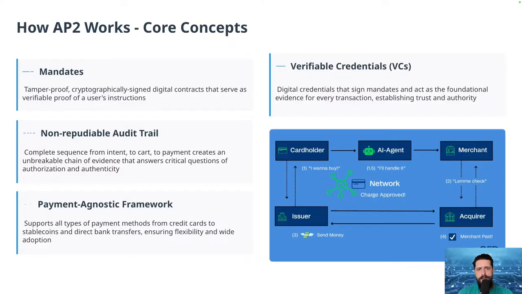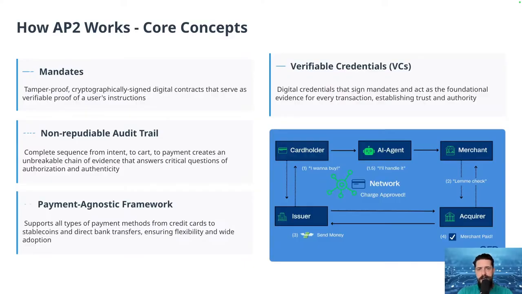So, how does AP2 actually build this trust? The magic lies in a few core concepts, starting with mandates. You can think of a mandate as a tamper-proof, cryptographically signed digital contract. It serves as verifiable proof of a user's instructions to their AI agent.